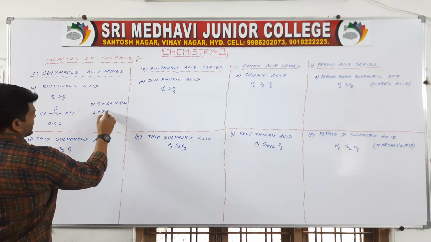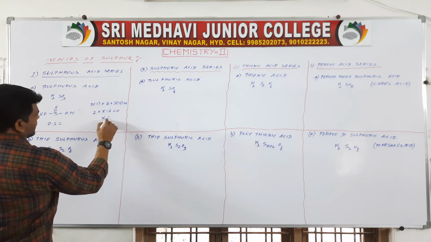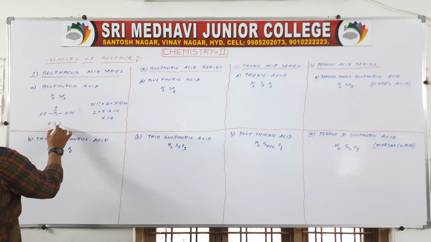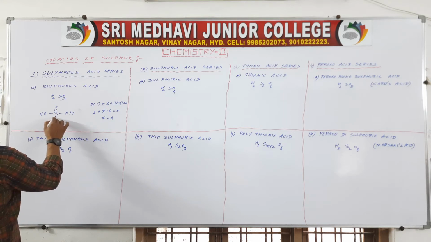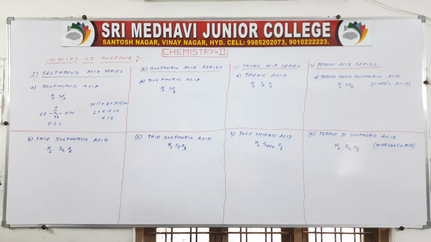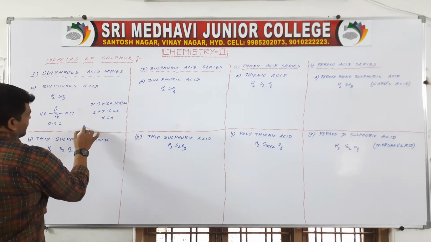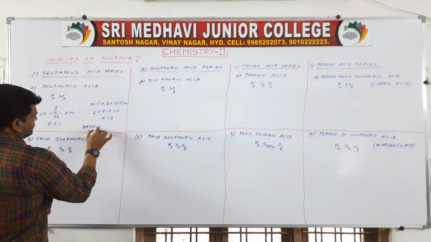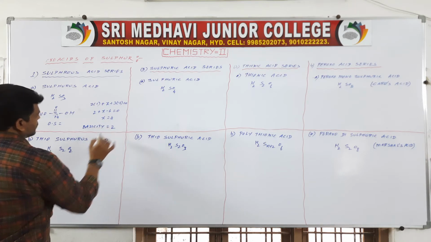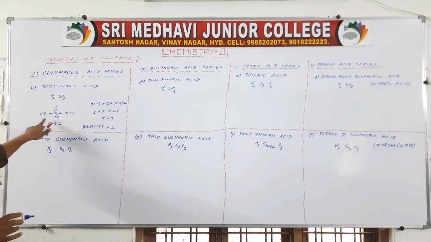So 2 plus X minus 6 equals 0, X is equal to 4, so the oxidation state of sulfur is plus 4. Basicity equals 2, because there are 2 hydroxy bonds. So this is briefly sulfurous acid.